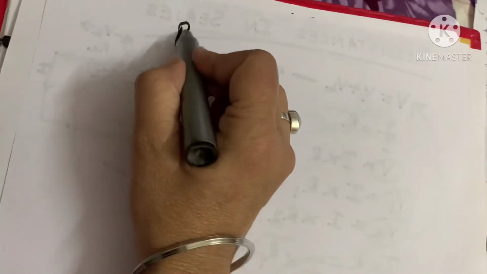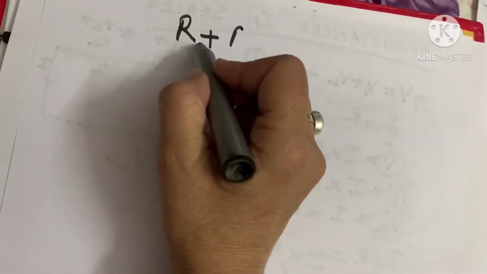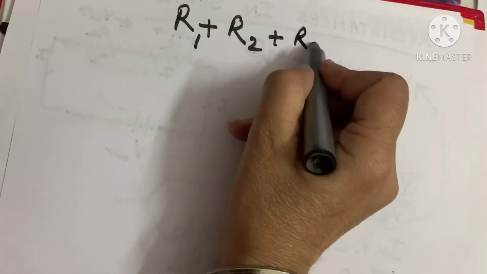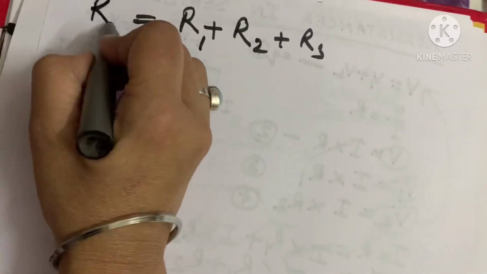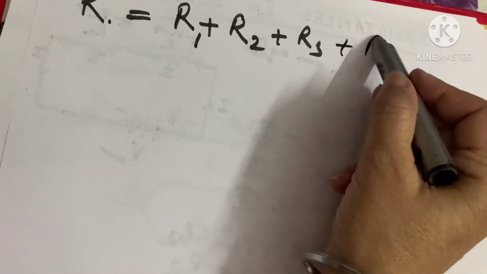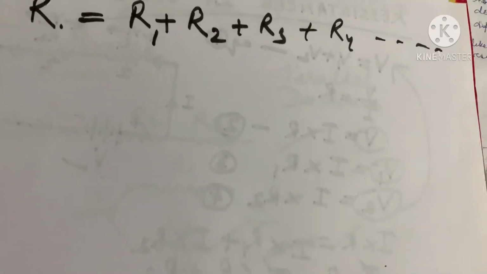But if we connect more than two resistances, for example three resistances, then R1 plus R2 plus R3 is equal to the resultant resistance. Likewise, we can connect R4 and so on.